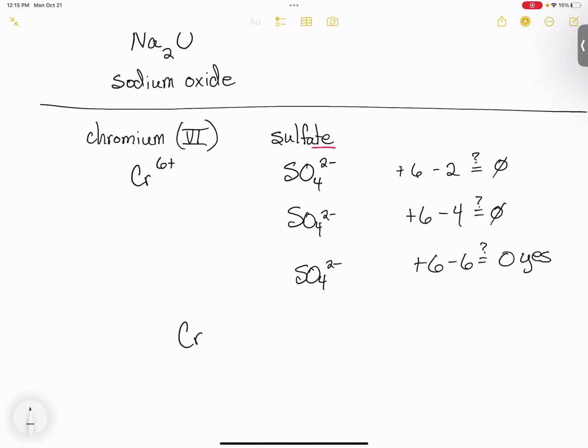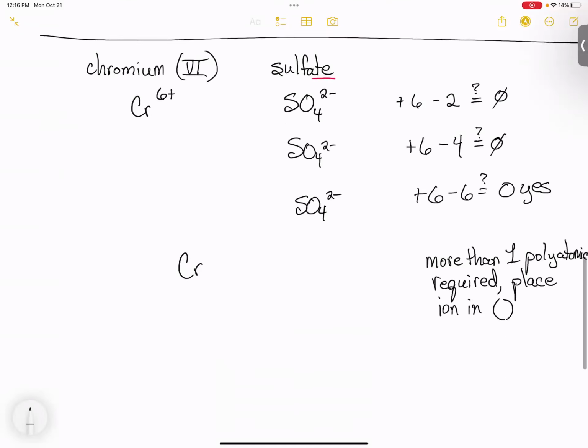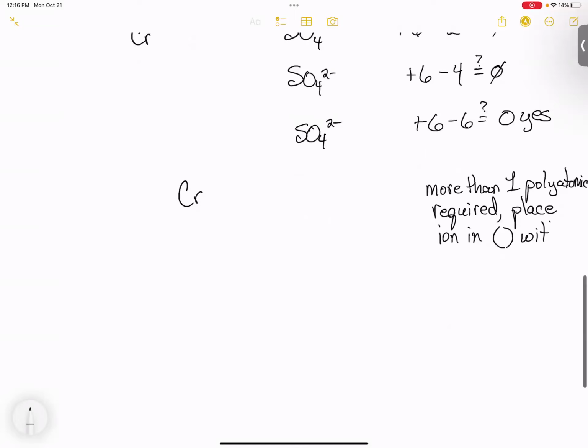Now, when you're dealing with a polyatomic and it takes more than 1, if you require more than 1 polyatomic ion, place the ion in parentheses with the quantity as a subscript to the right of the parentheses.